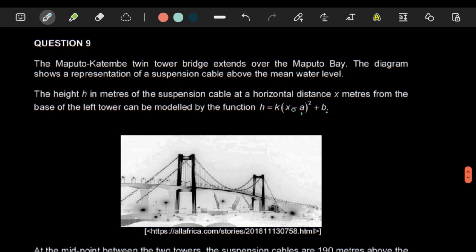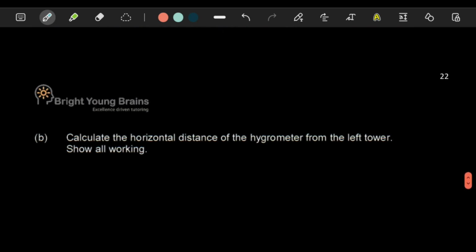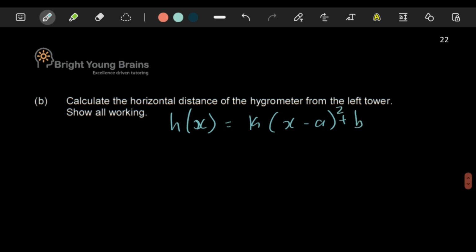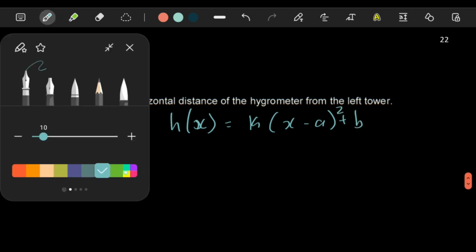So, with our equation here, h of x is equal to k, x minus a, and then plus b squared. We have A and B already.